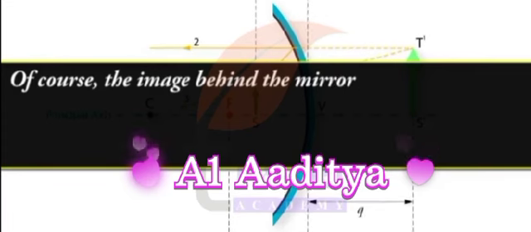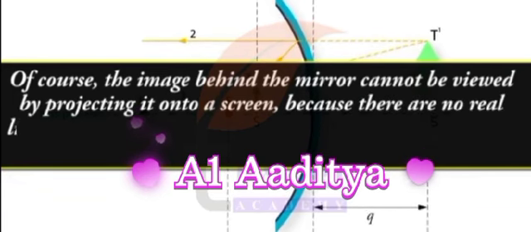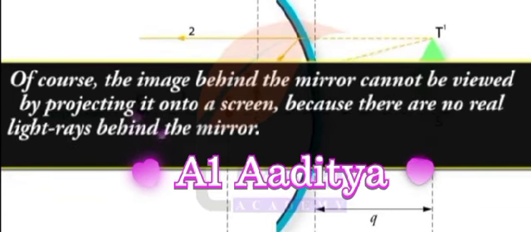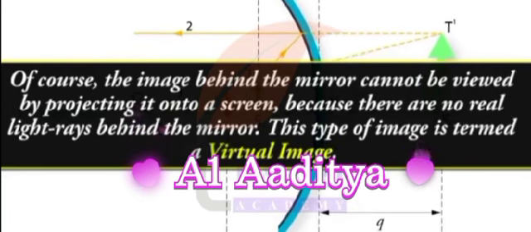Of course, the image behind the mirror cannot be viewed by projecting it onto a screen, because there are no real light rays behind the mirror. This type of image is termed a virtual image.